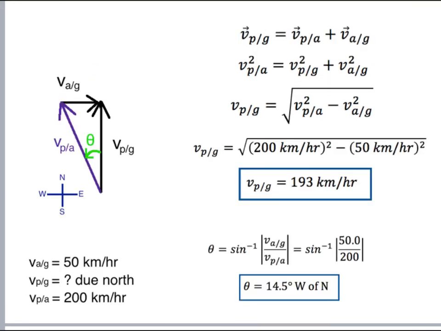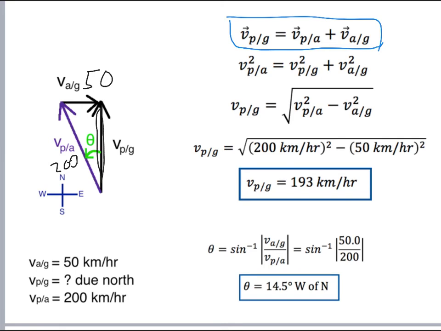Okay, so here is the equation that we ended up with. And we have this triangle here, and we know that Va/g, that's 50, so this is 50. And we know that Vp/a, this purple one here, is 200. And so we can use the Pythagorean theorem to find this unknown side.